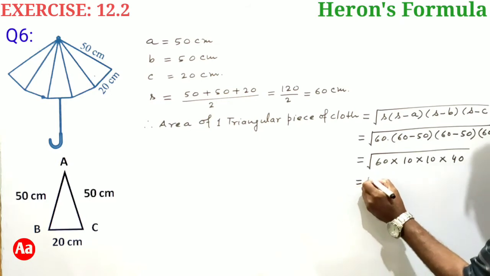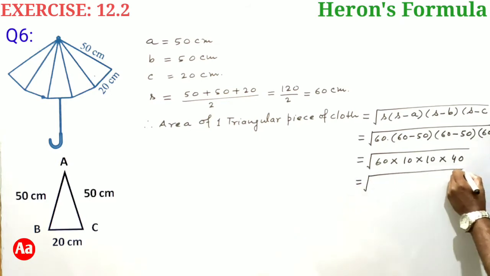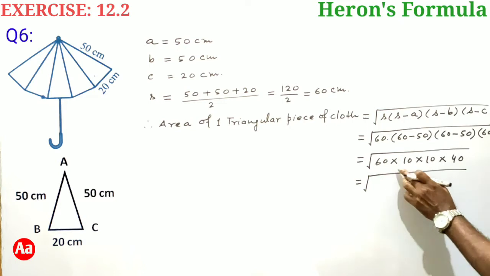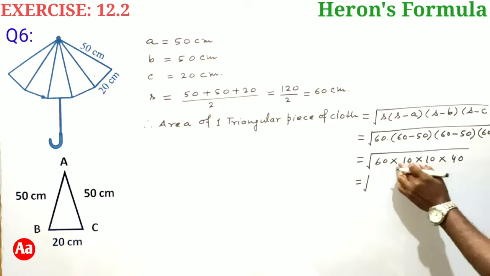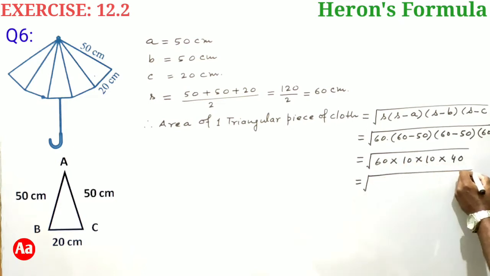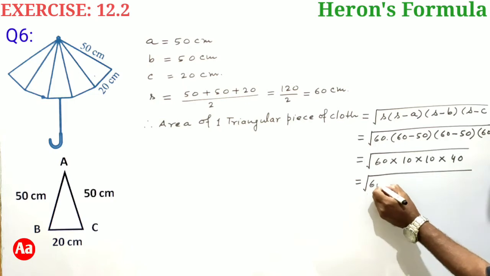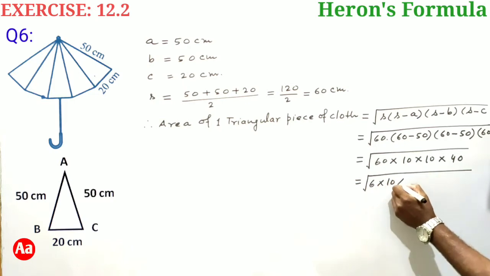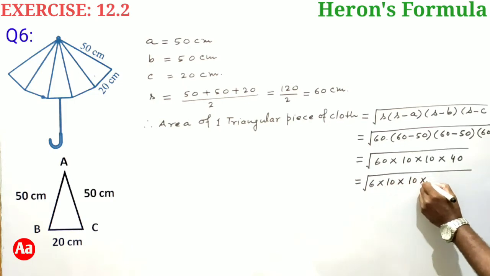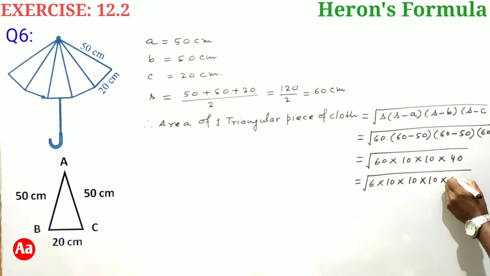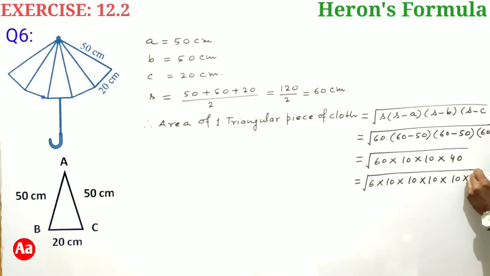Further, let us write these numbers inside the square root sign: 60 as 6 into 10, then 10, 10 and 10 into 4.